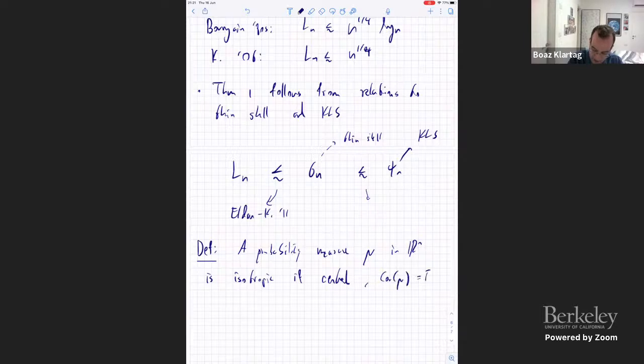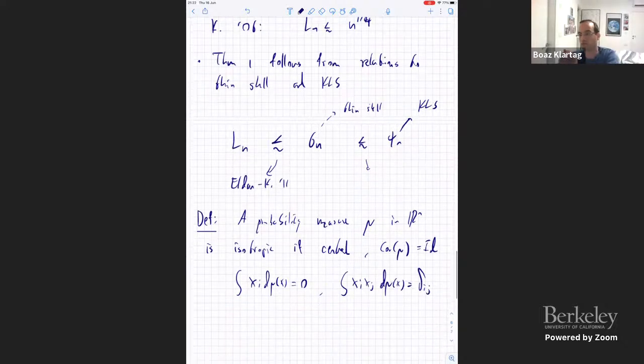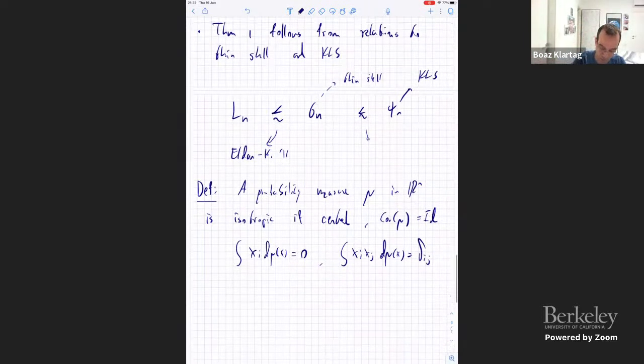This means that the integral of x_i d mu(x) is 0, and the integral of x_i x_j is delta_ij, the Kronecker delta. This just means that you translated your distribution to make it centered, and then you rescale linearly in some orthogonal directions and make variances equal 1 in all directions. Okay, so this is isotropic.